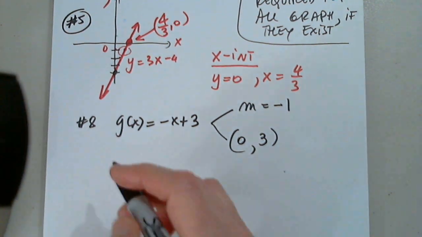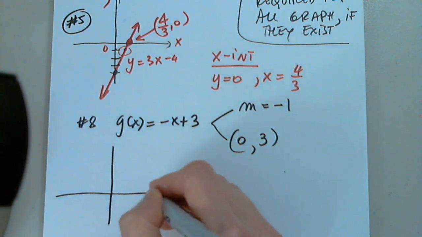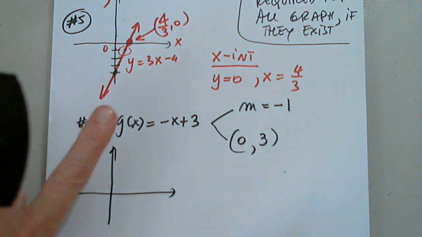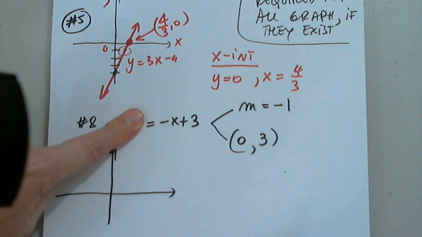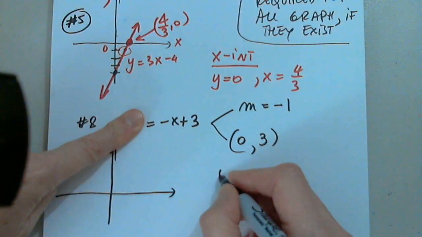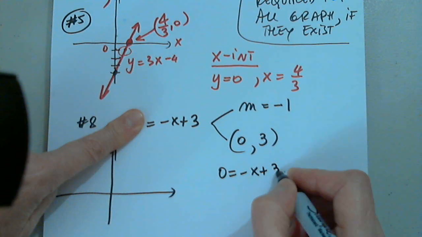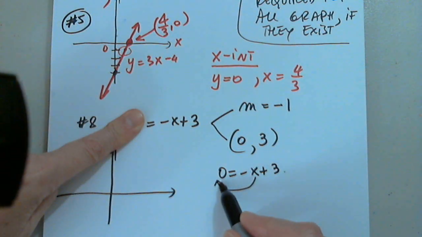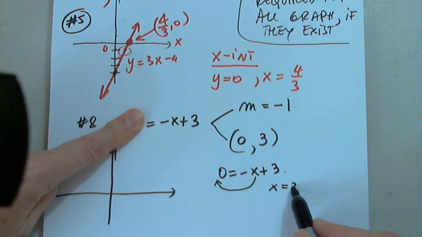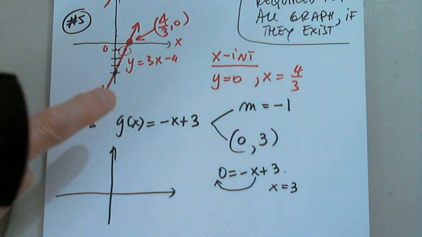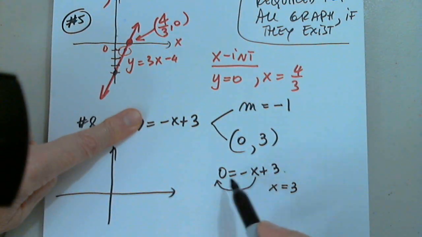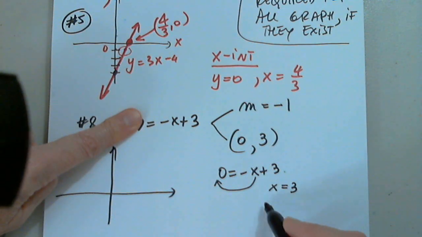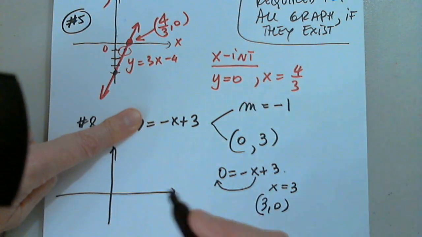Good. Okay. So remember, the x and y intercepts are the most important ones. So when y is 0, can anyone give us x? So when y is 0, we have 3 for x. So 3 comma 0.